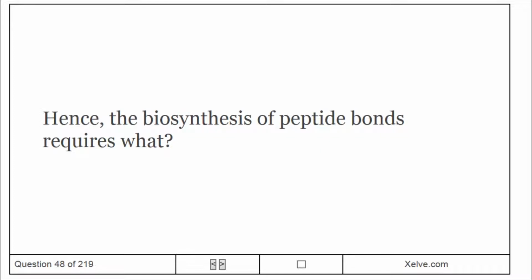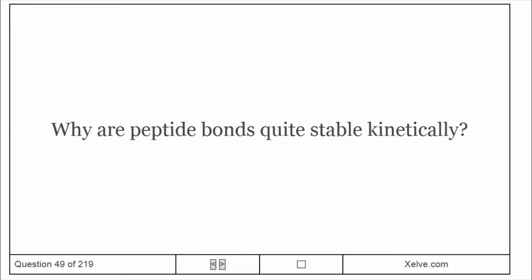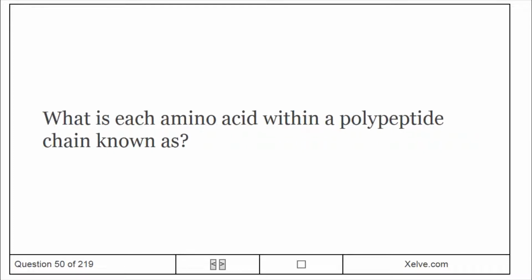Hydrolysis rather than synthesis. Hence, the biosynthesis of peptide bonds requires what? An input of free energy. Why are peptide bonds quite stable kinetically? Because the rate of hydrolysis is extremely slow.